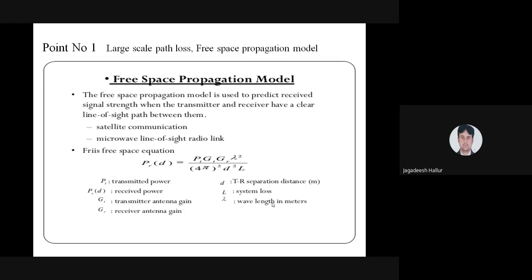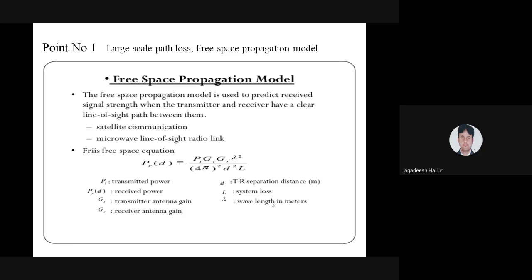For this, they use one formula or equation for calculating the free space propagation model. That is the Friis free space equation, which gives the received power with respect to the distance between the transmitter and receiver.